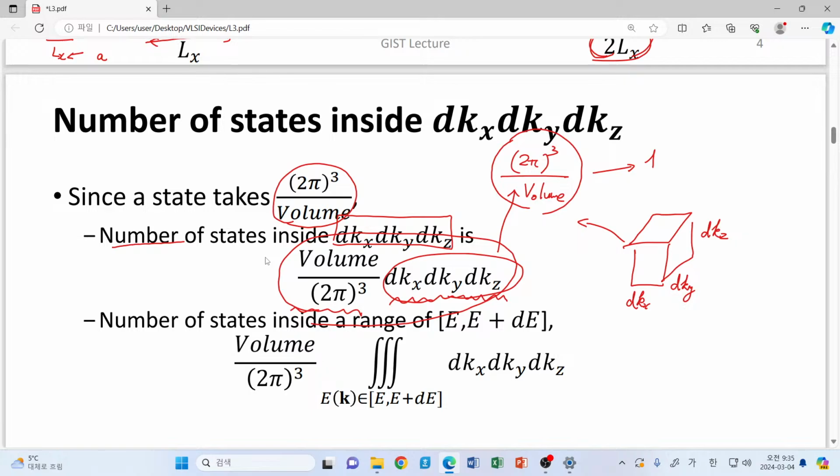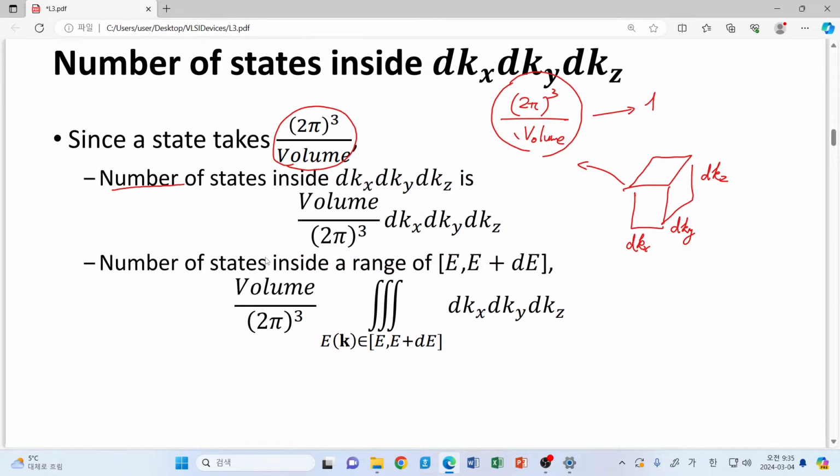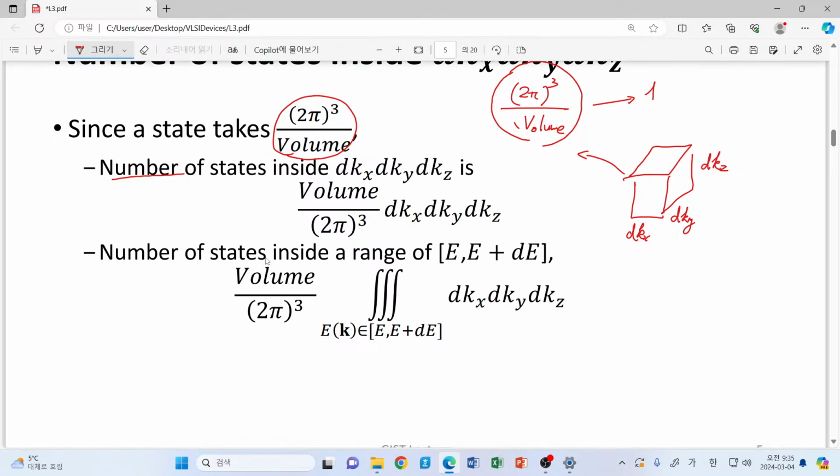So using this, we can also obtain the number of states not just in dkx, dky, dkz, but inside an energy range between energy E and energy E plus dE, by the integration over k-space.